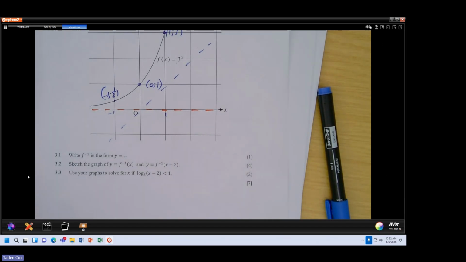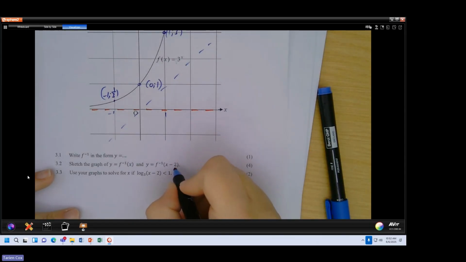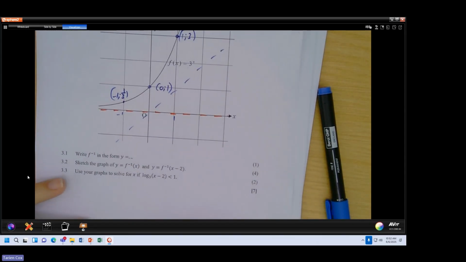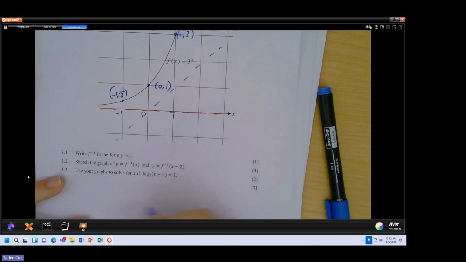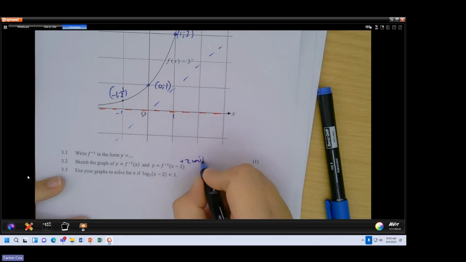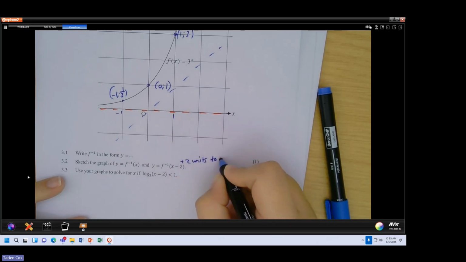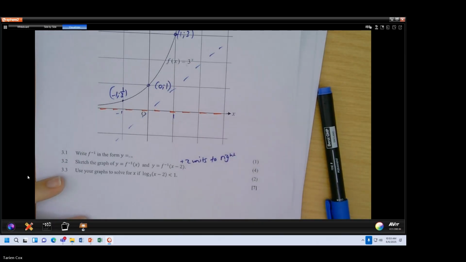The question is just, have we moved to the left or to the right? If we say -2, remember in functions, it will be the opposite. -2 on your number line is on the left-hand side, but because it's functions, it's the opposite way around. This actually just means that the graph has moved 2 units to the right.